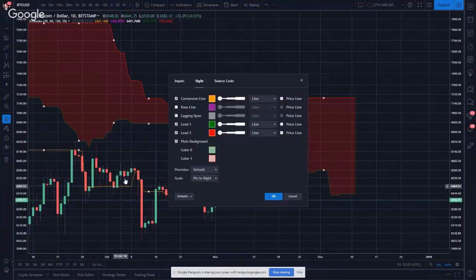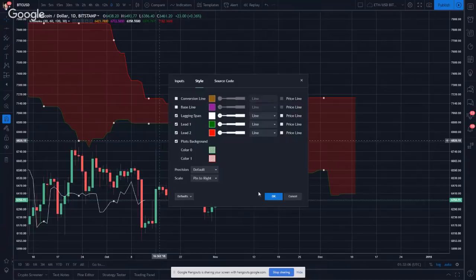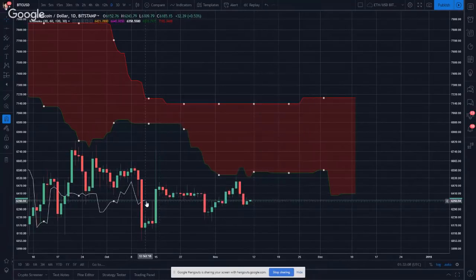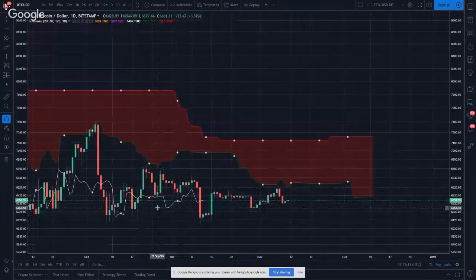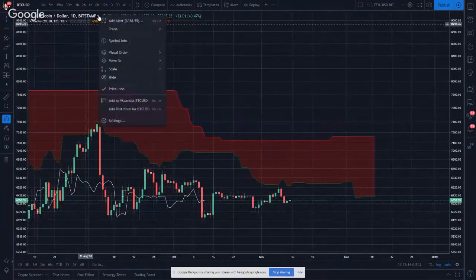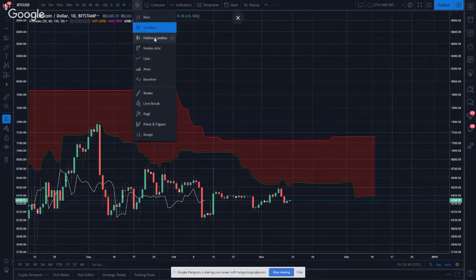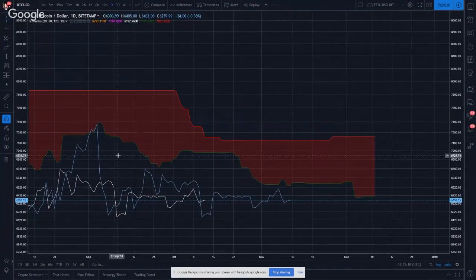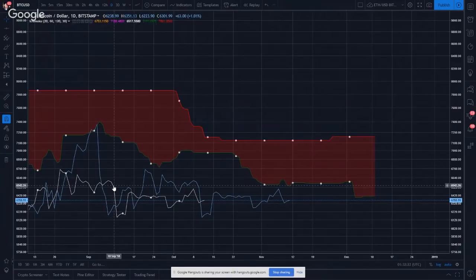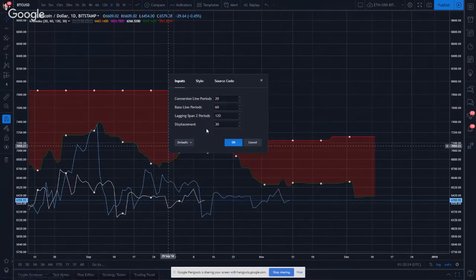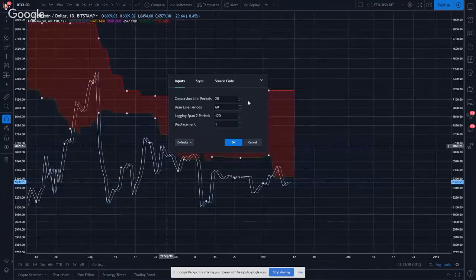Oops, turned off the wrong ones. So that way you can see it. So yeah, it follows the price exactly, and it is basically a line setup like that. So if we were to displace this over, like so, with no displacement, it's on 1 because that's the bare minimum.